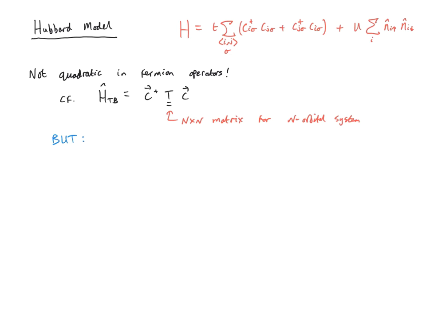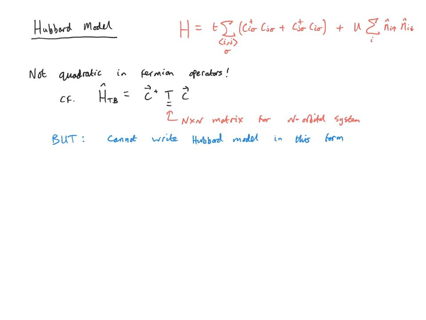However, we cannot cast the Hubbard model in such a form. And that's due to the structure of this four-fermion term.